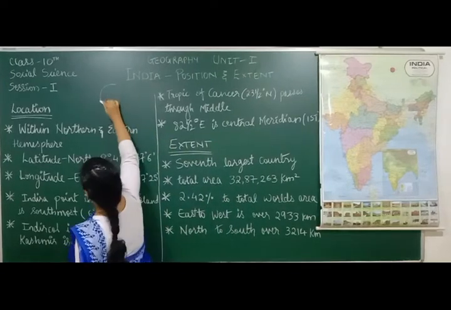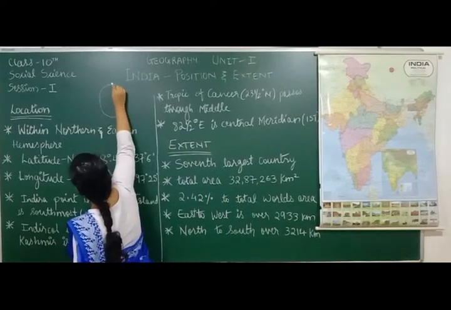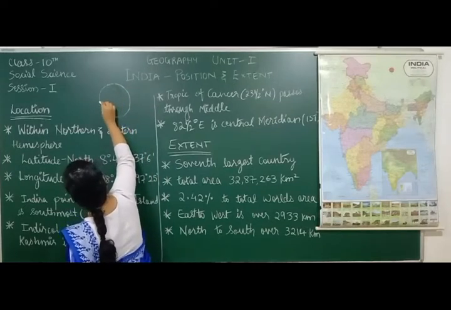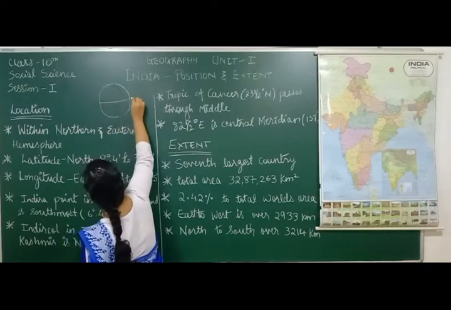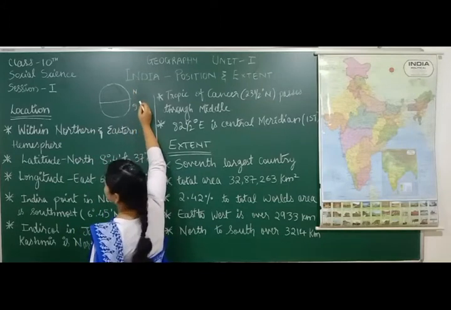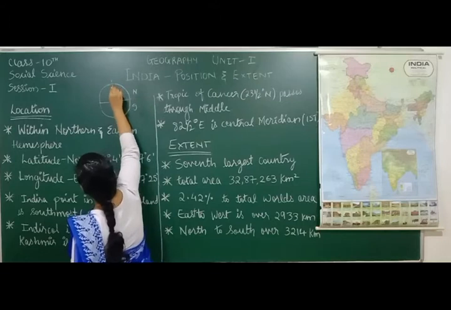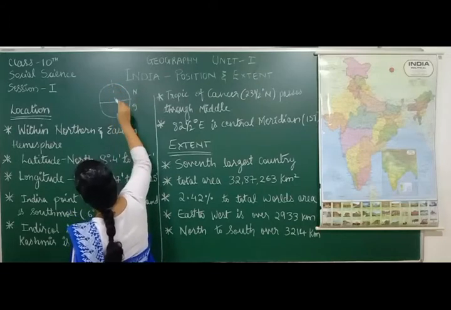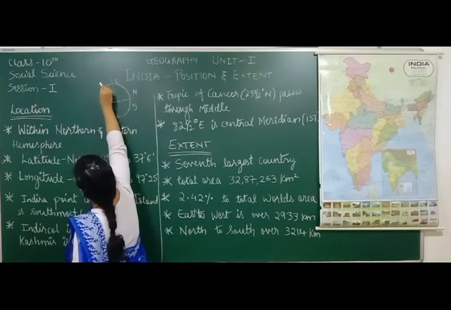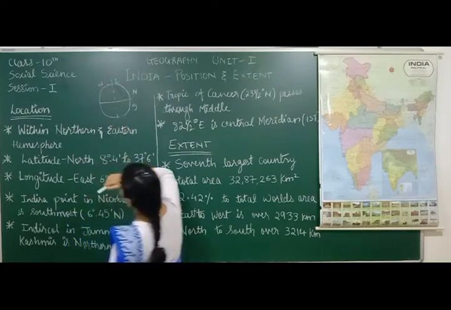Suppose this is the earth. I am not very good at art. Let's assume this is earth. It will be divided like this into northern hemisphere and southern hemisphere. Also then it is divided like this. This part is the eastern hemisphere. This part is the western hemisphere.